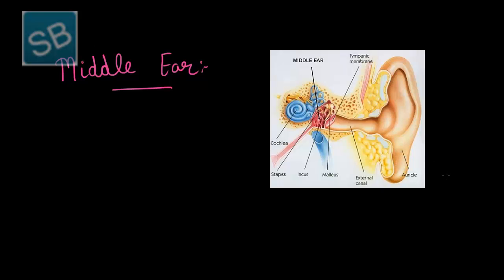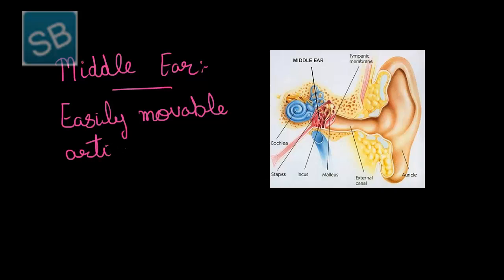This figure depicts the structure of a middle ear. Middle ear basically consists of easily movable articulatory bones. These bones are known as ear ossicles.